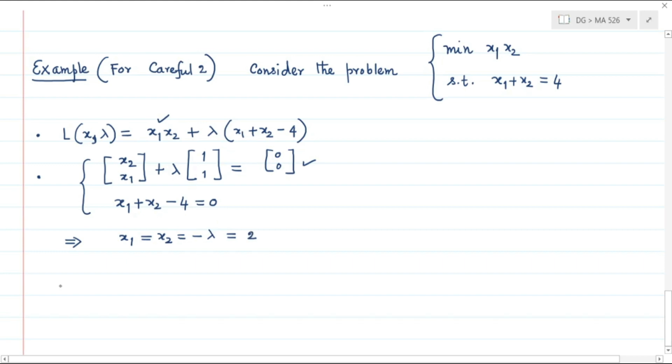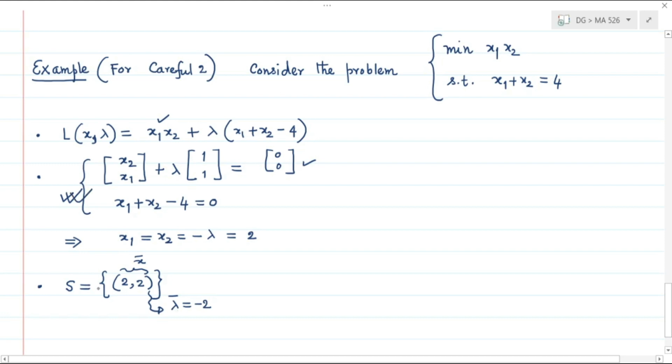And therefore what is the set S, capital S, the collection of those x's such that associated to the x's you have lambda such that (x, lambda) satisfies this stationarity system? S consists only of the point (2, 2), right? Because corresponding to this point (2, 2) you have a lambda given by minus 2 such that this x bar together with this lambda bar is a solution of this stationarity system.